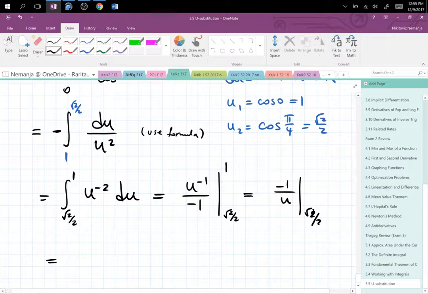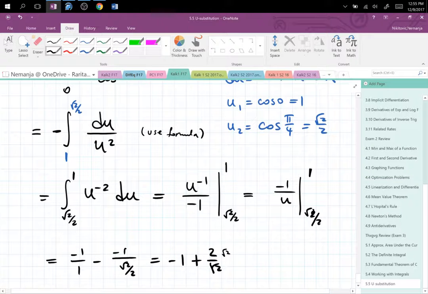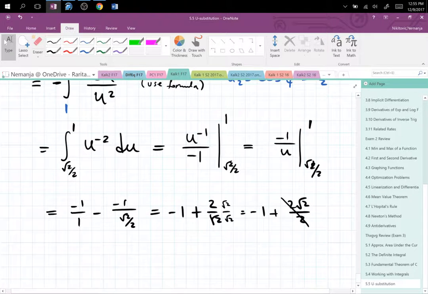It's simple to understand when it's in those letters right there. So now I have negative 1 over 1 minus negative 1 over root 2 over 2. So that's negative 1 plus 2 over root 2. And we rationalize this: negative 1 plus 2 root 2 over 2, and this cancels. And you can call just root 2 minus 1 the final answer.